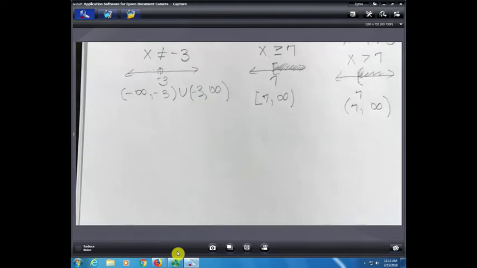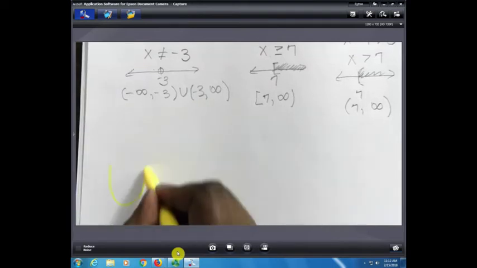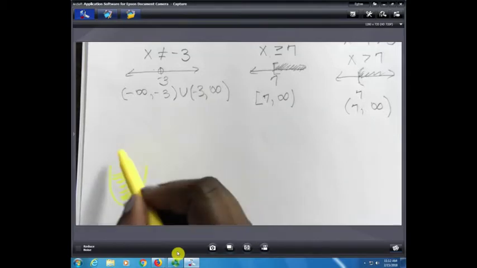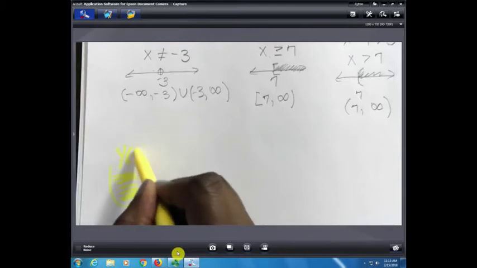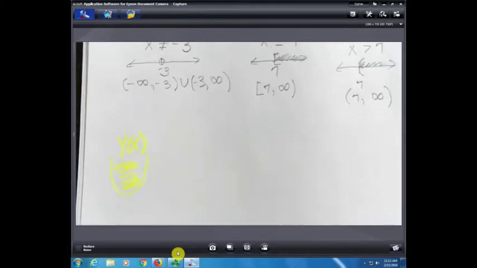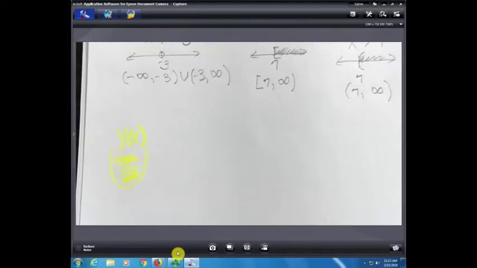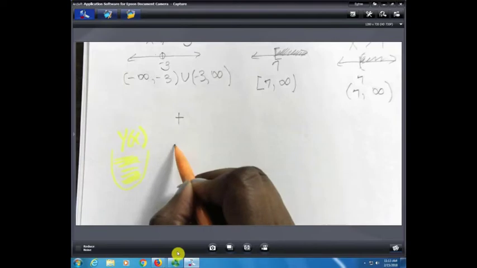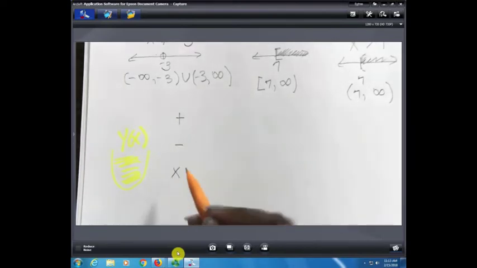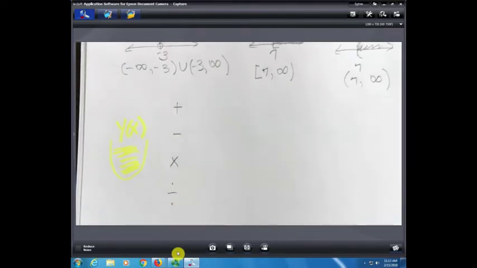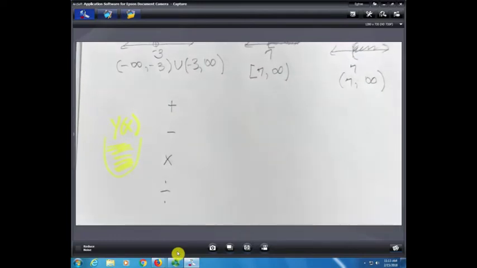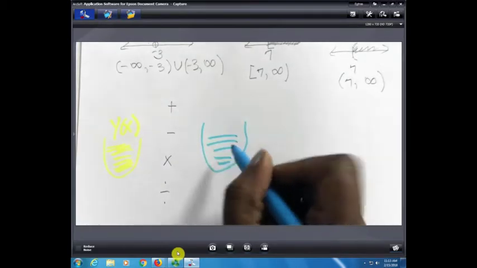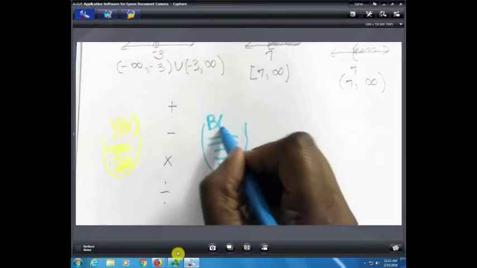Let's say I have some function yellow. This is my yellow function. Let's call it y of x. And now we're going to perform some operation. Again, that's either adding or subtracting or multiplying or dividing another function. Let's call that function b for blue.